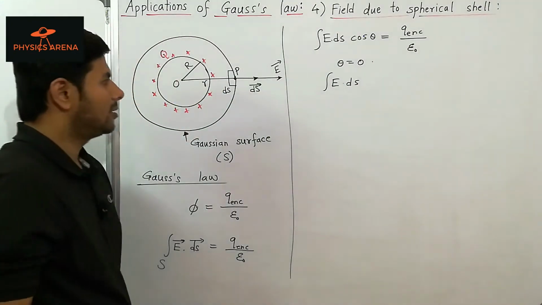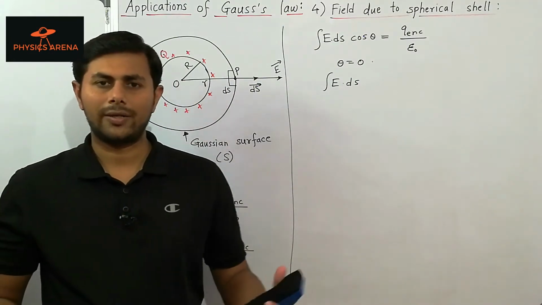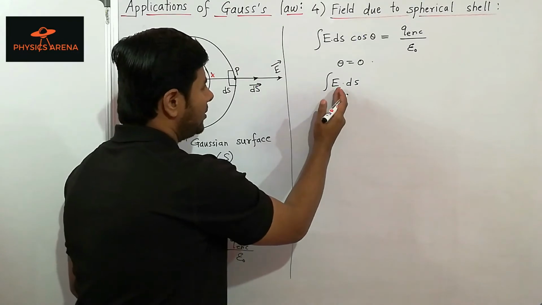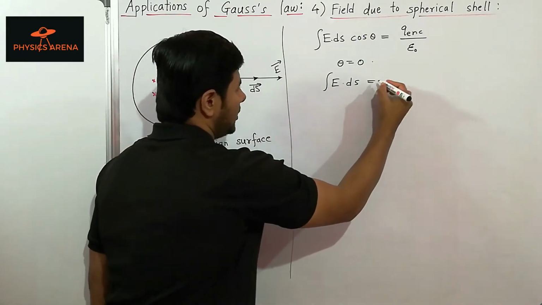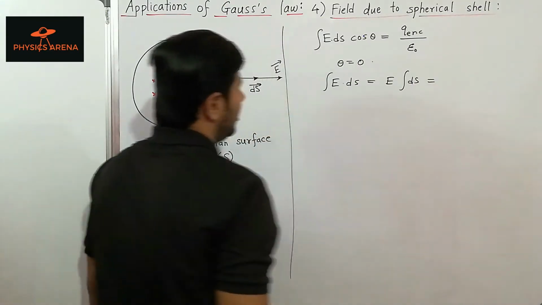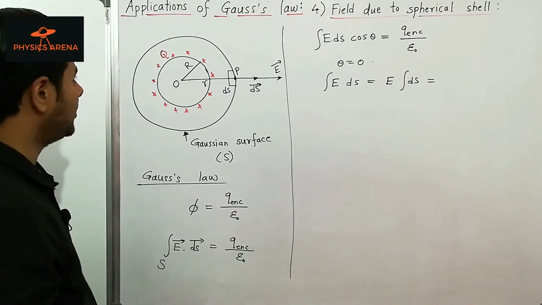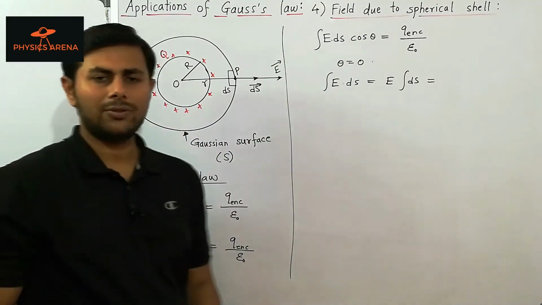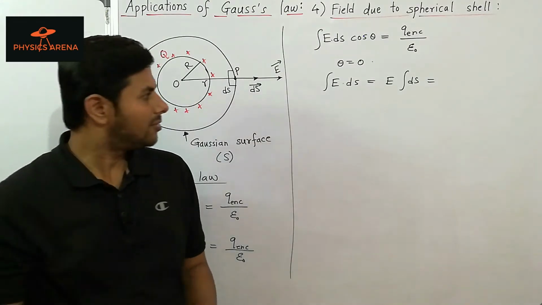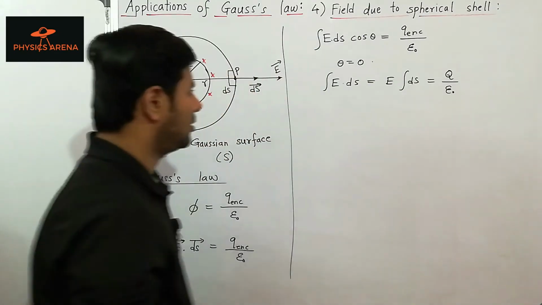And again, since the magnitude of electric field would be constant over the entire Gaussian surface, we can take magnitude of electric field outside. So this is equal to E into integral of ds, and on right hand side we have charge enclosed divided by epsilon naught, and charge enclosed is just the total charge on spherical shell. So it is just Q divided by epsilon naught.